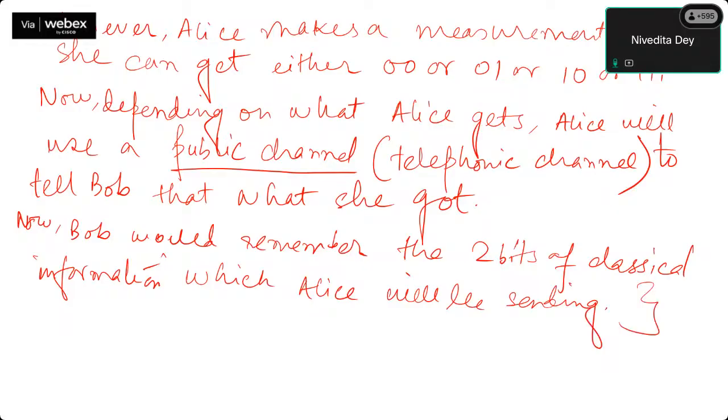So only that information will be available from Alice's end to Bob's, whether it's 00 or 01 or 10 or 11.